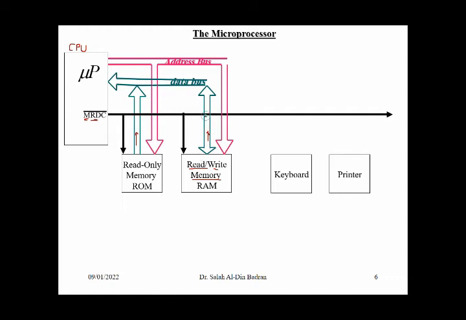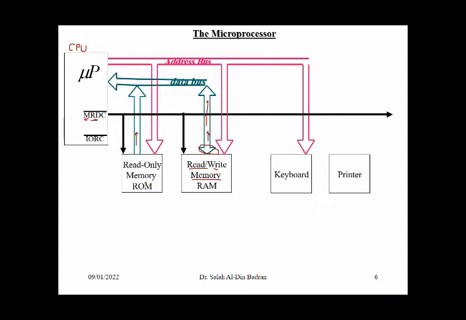This one means it's read from the memory, from RAM. But this one means we can write inside the memory. This is the arrow that's missing here because it is wrong. We cannot write inside it.